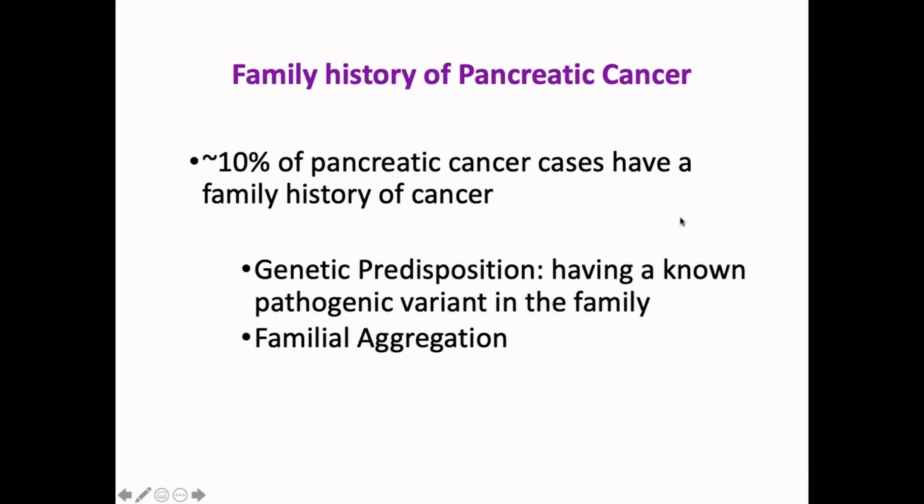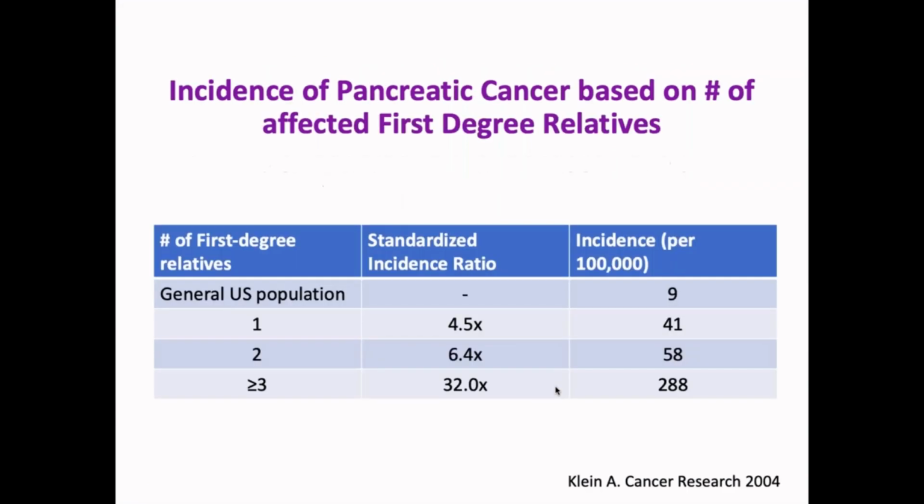So individuals with family history of pancreatic cancer: we know that approximately 10% of all newly diagnosed individuals with pancreatic cancer report a family history of pancreatic cancer, a portion of which have a genetic predisposition with a known pathogenic variant in the family, and a larger percent that has familial aggregation with multiple relatives with pancreatic cancer. And here we see an old study, which really looked at the burden of pancreatic cancer amongst first-degree relatives, and the associated increased risk and incidence of pancreatic cancer.